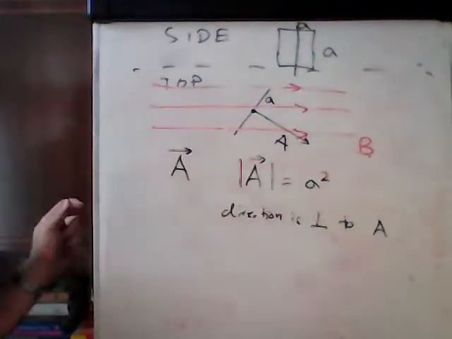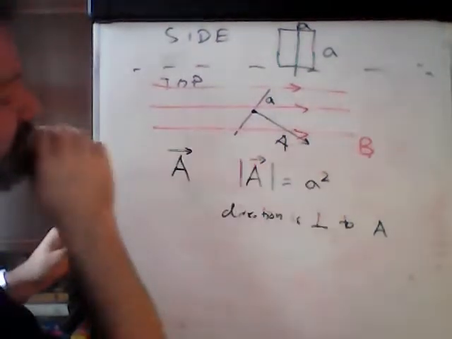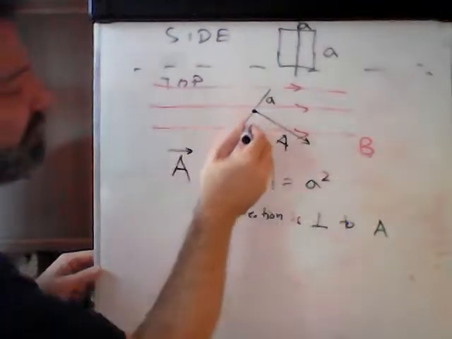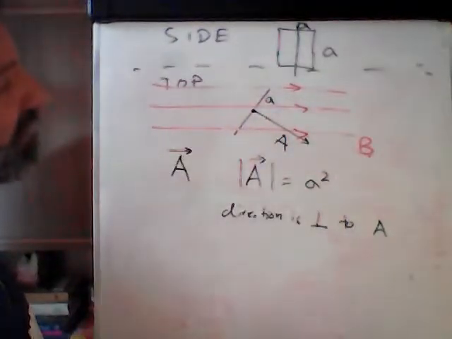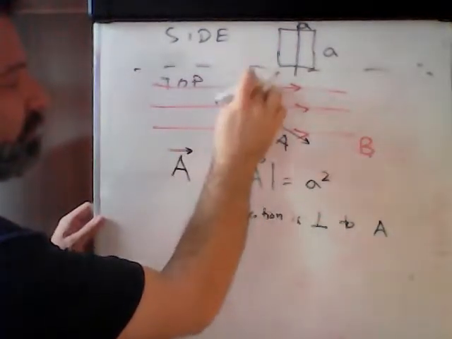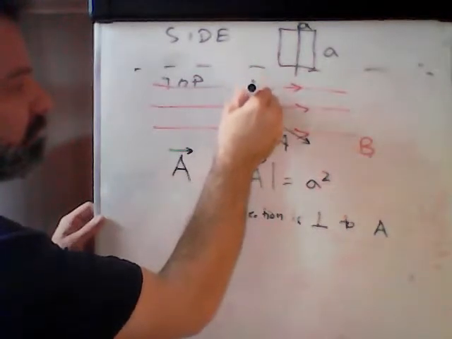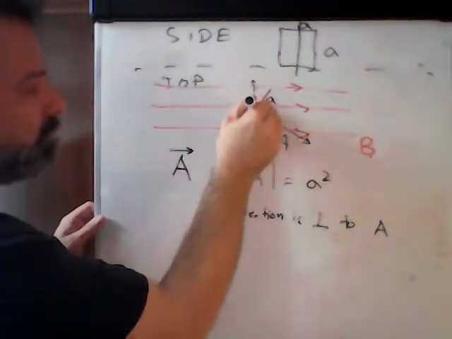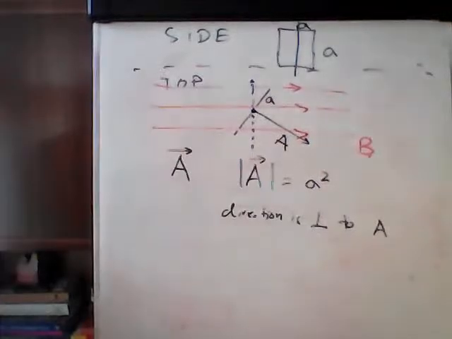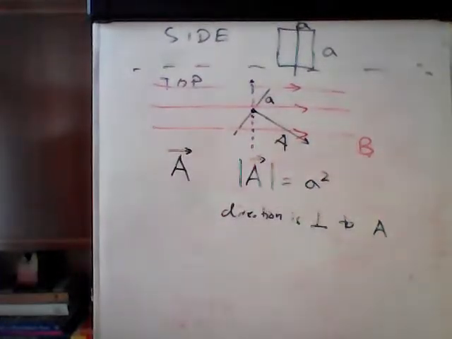Now let's take a look at this. We've rotated this in a certain direction. What we need here is the angle between the vector A and the field.